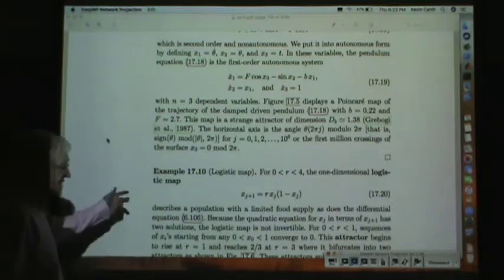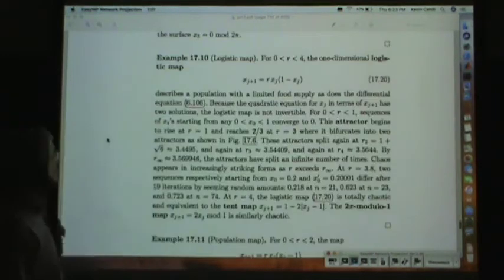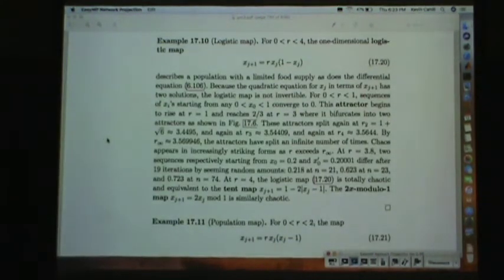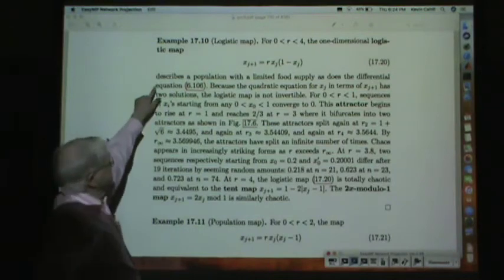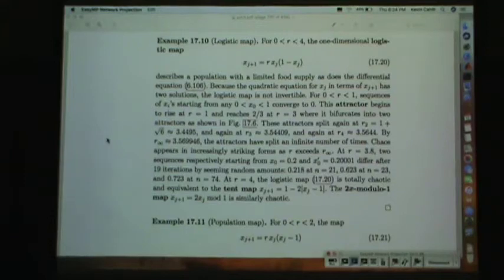All right, let me just skip to the logistic map. This, of course, is the most famous example because it's so much simpler than all the others. It's just a map. But it's a model that's kind of interesting because it can, to some extent, describe a population of animals with a limited food supply.